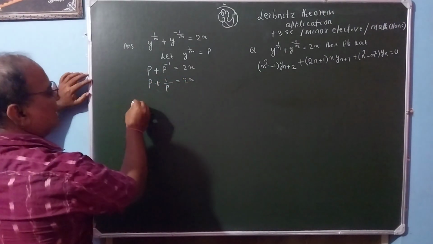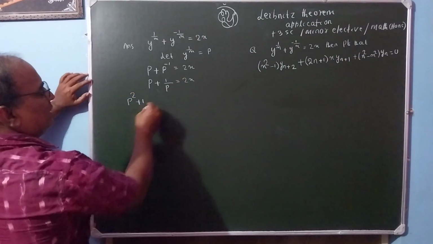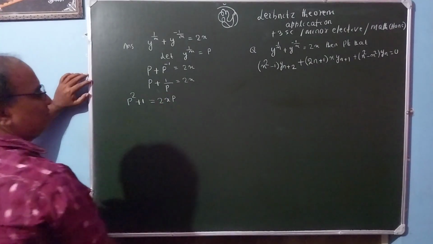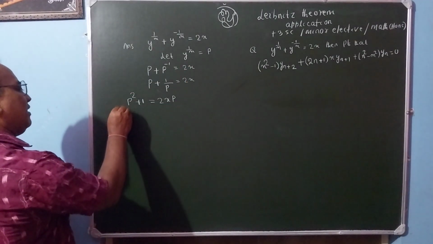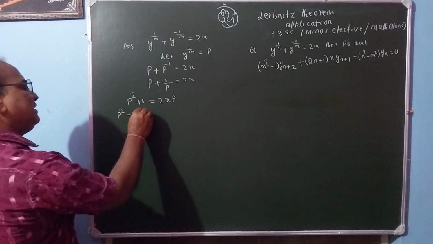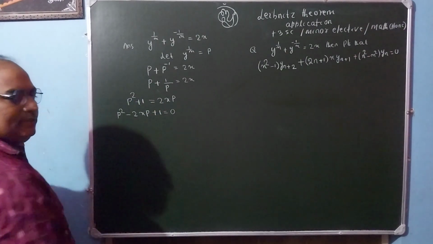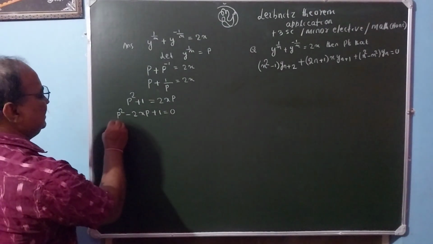Now taking the LCM, p square plus 1 is equal to 2x into p. So here it is p square minus 2x into p plus 1 is equal to 0. This is a quadratic in p.